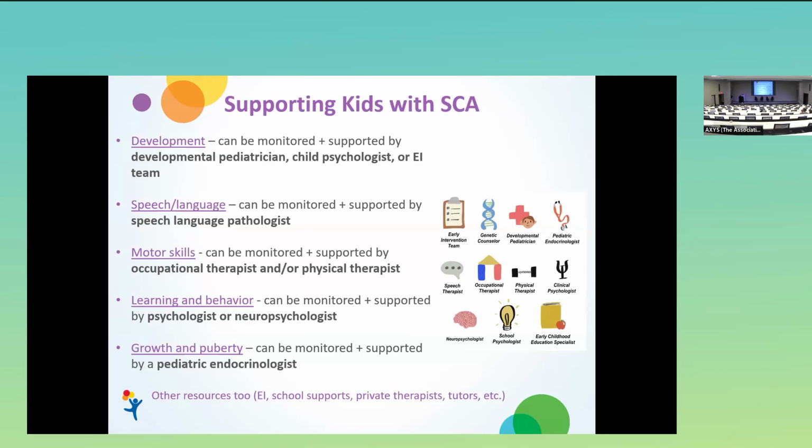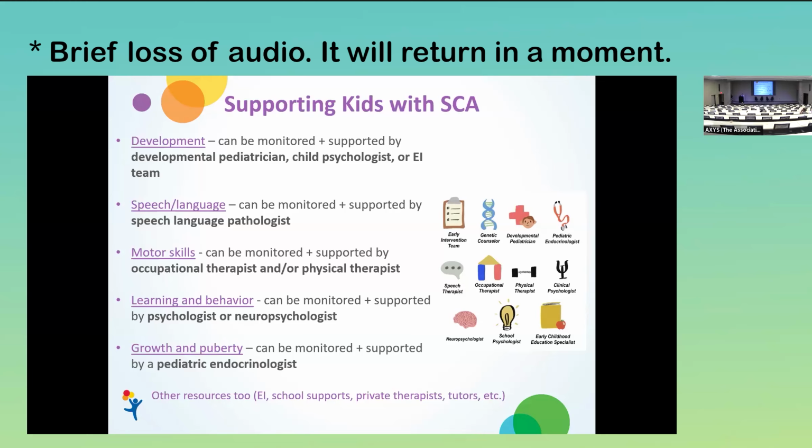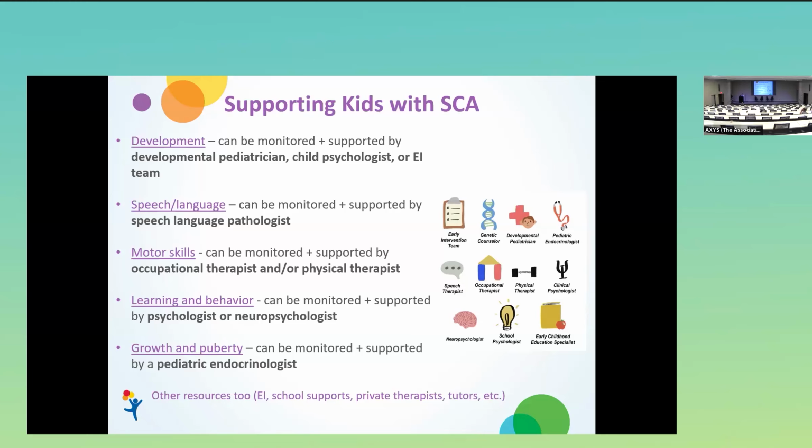Evaluating motor skills is commonly done with an occupational therapist or a physical therapist. Learning and behavior is done with evaluations from a psychologist or a neuropsychologist, and then pediatric endocrinology for hormones and evaluating pubertal progression. And there's a lot of other resources too, but this is really demonstrating the multidisciplinary need of evaluation for patients with X and Y variations.